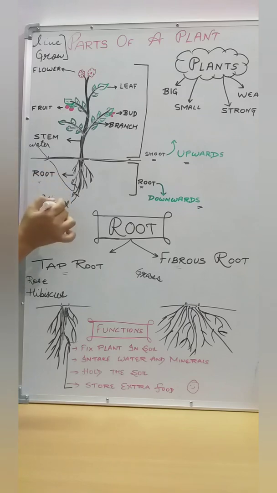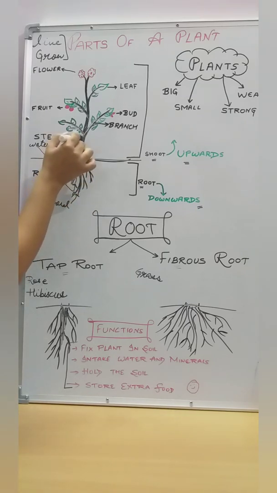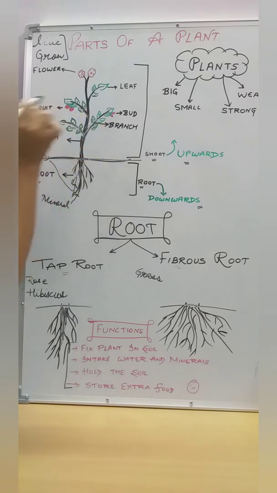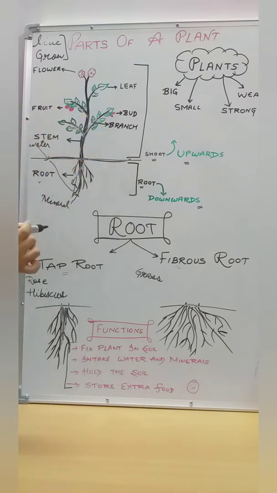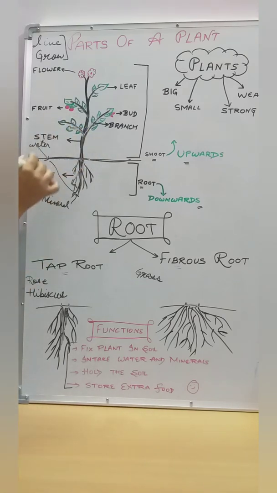So this water and mineral is taken in by the root and it passes to the stem, branches, and it reaches the leaves. And here leaves help to make food. Leaves take water and make food for the plant.